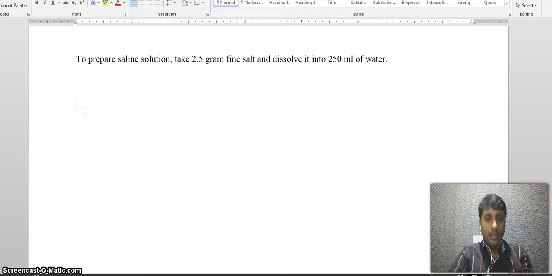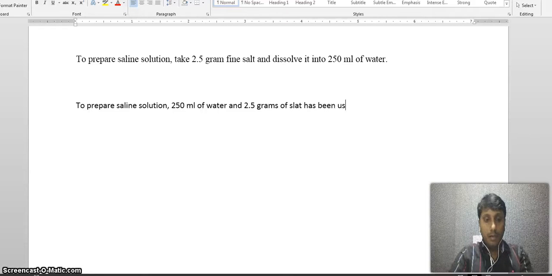So you can write in such a way that to prepare saline solution, 250 ml of water and 2.5 grams of salt has been used. That is one way.